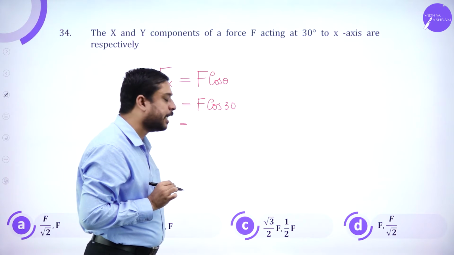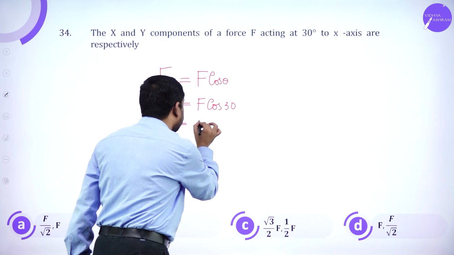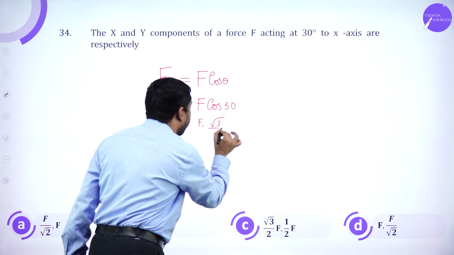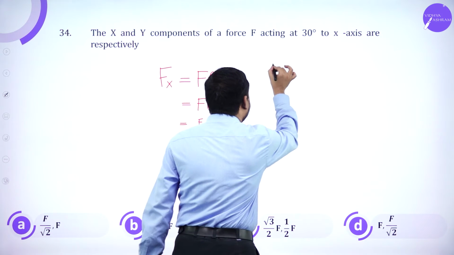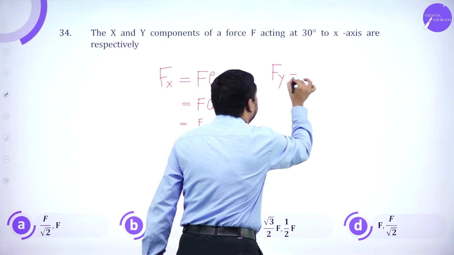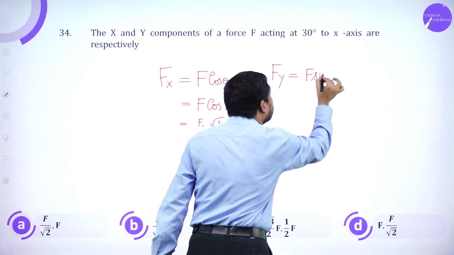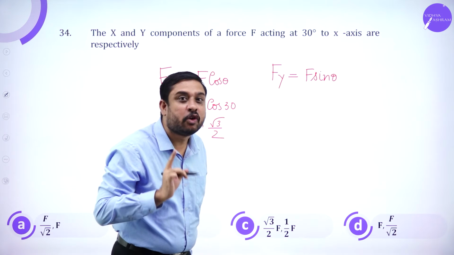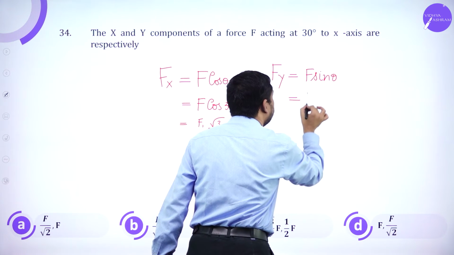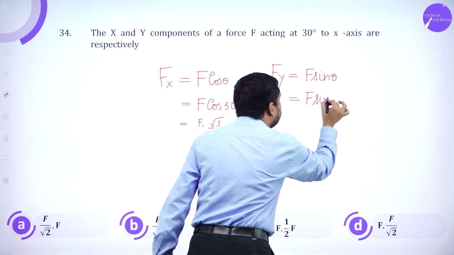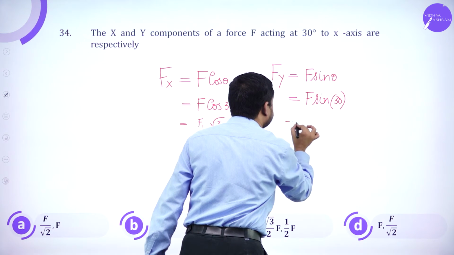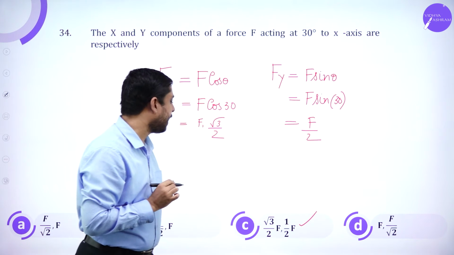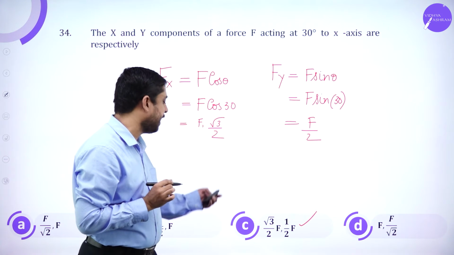F cos 30 will be root 3 by 2 F. Along y-axis, F sin theta, vertical y-axis, always remember sin theta, F sin 30. So this is F by 2. So the answer is root 3 by 2 F and half F.